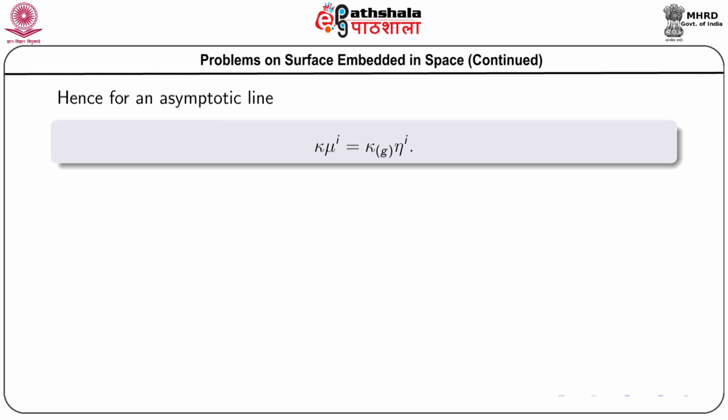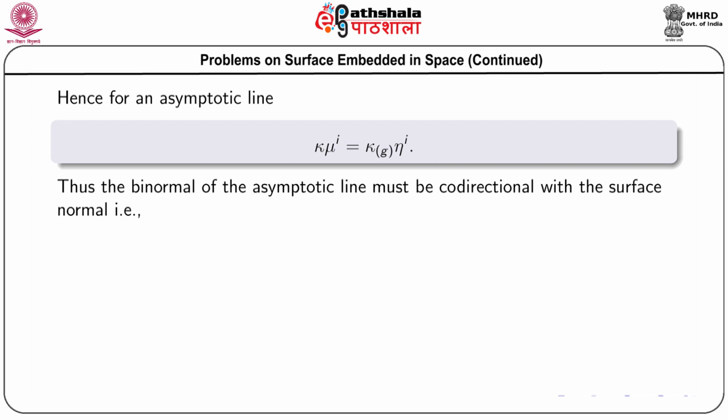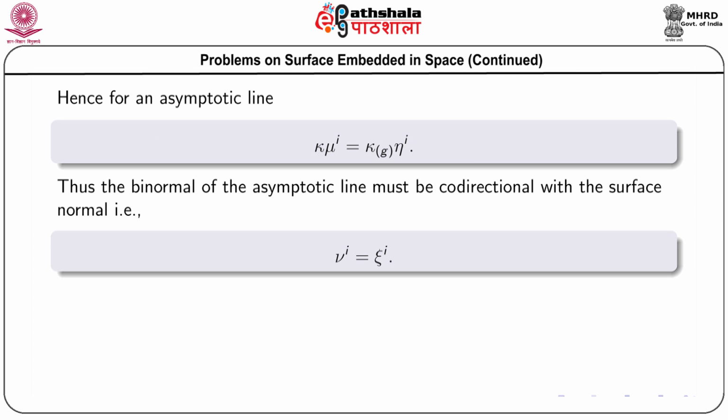Hence, for an asymptotic line, we have kappa mu i equals kappa g eta i, because kappa n is 0. So, we are getting this relation. Thus, the binormal of the asymptotic line must be codirectional with the surface normal. So, we can write mu i equals xi i.